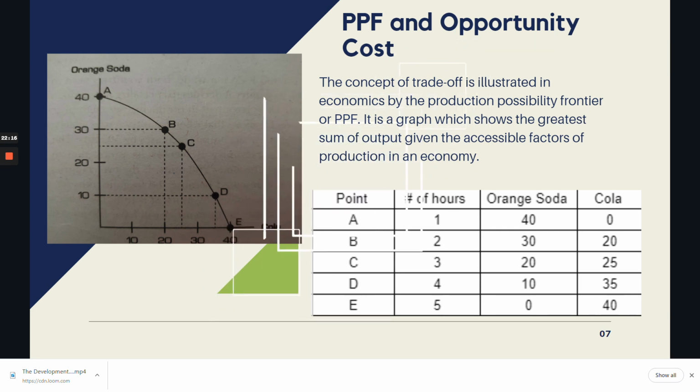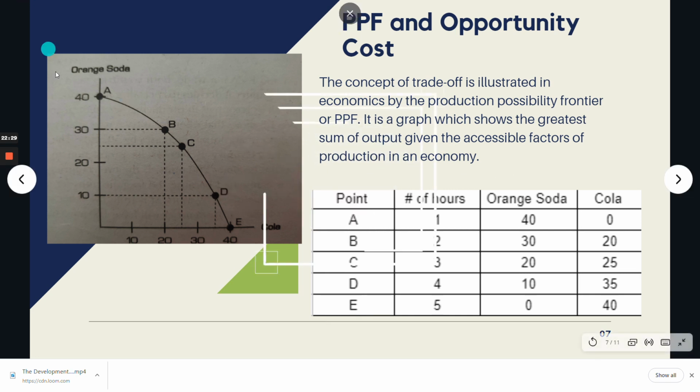Right? So, at point A, you are producing 40 pieces of orange, but you are producing zero cola. So, makita nimo, sa point A, pila ka orange ang imong gi-produce? 40. Sa cola, zero. At point B, nag-produce ka og 30 ka orange, however 20 ra ang imong cola.